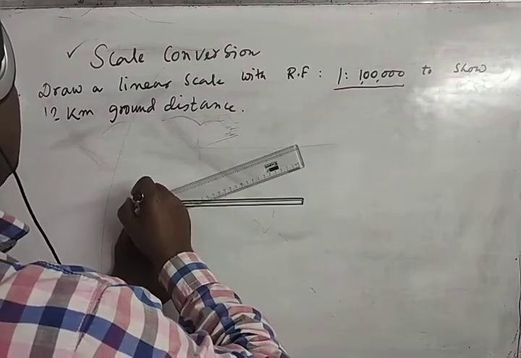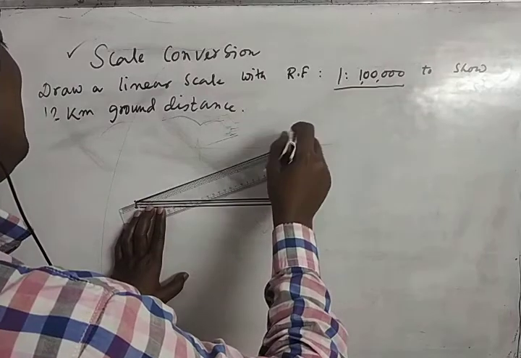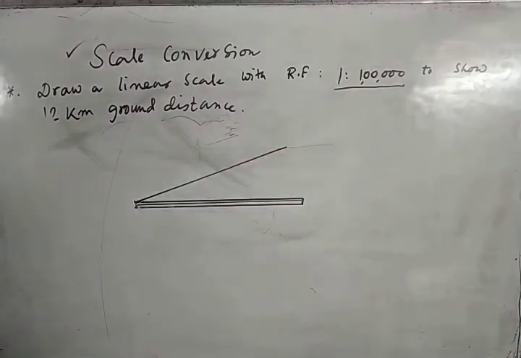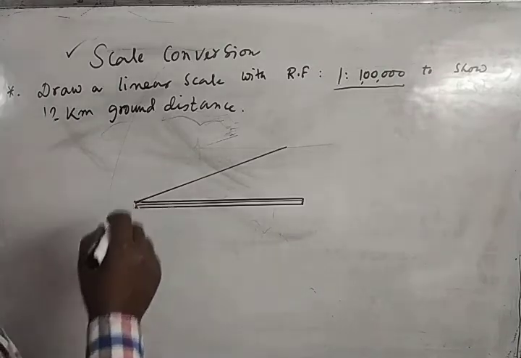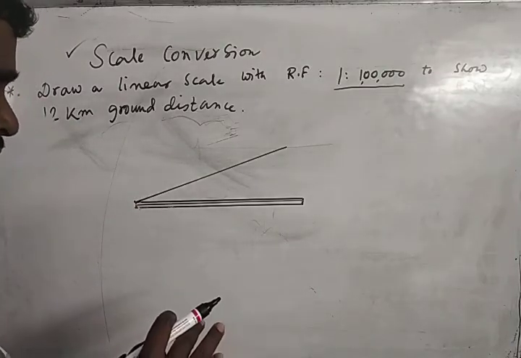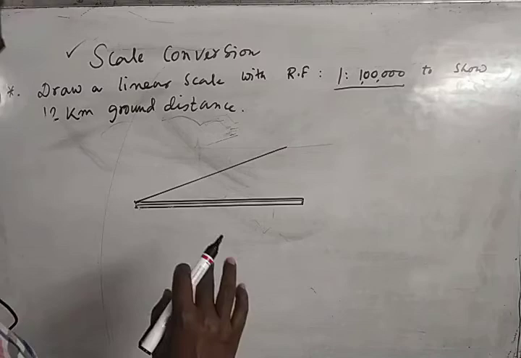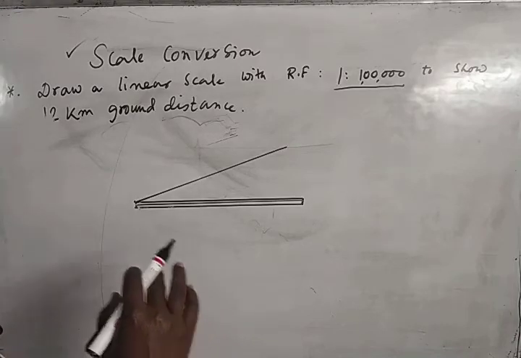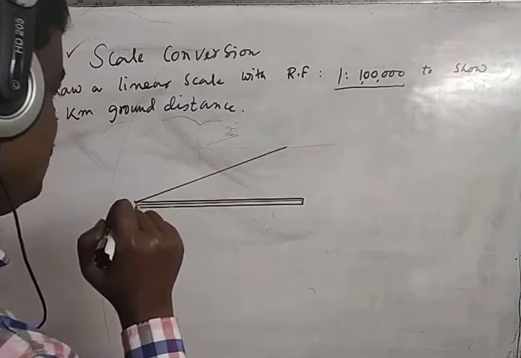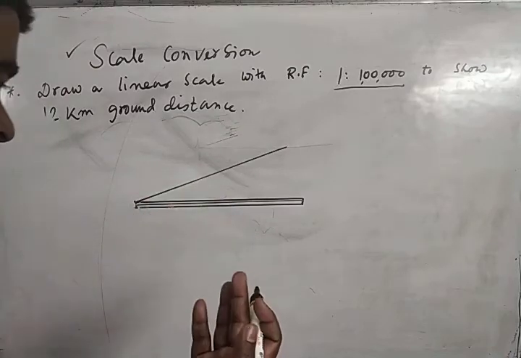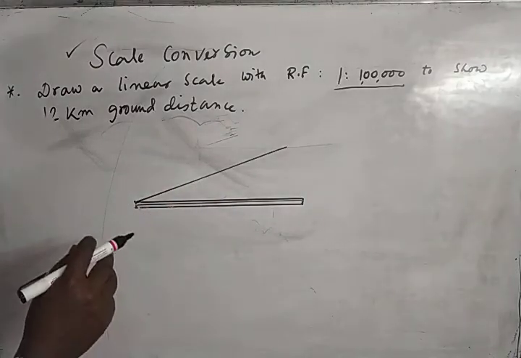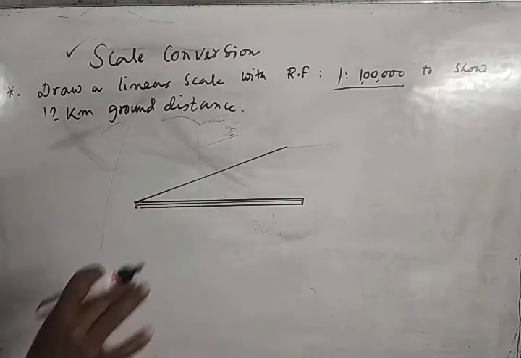I have taken an angle here. Many students ask me whether the angle should be 45 degrees. No. Any angular value you can take without measuring. Not 45 degree, not 65 degree, etc.